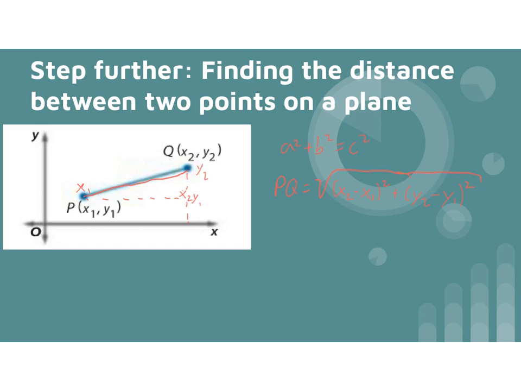For example, if y1 and y2 are 0, then this simply just cancels out and you're left with the square root of x2 minus x1 squared, which equals, once you cancel out the square and square root, x2 minus x1.